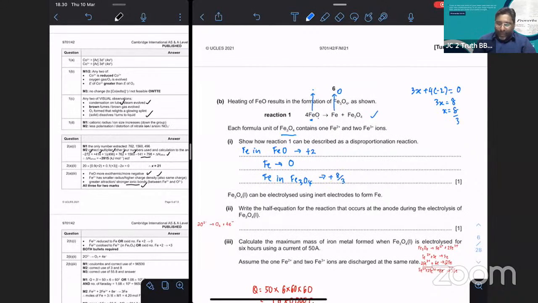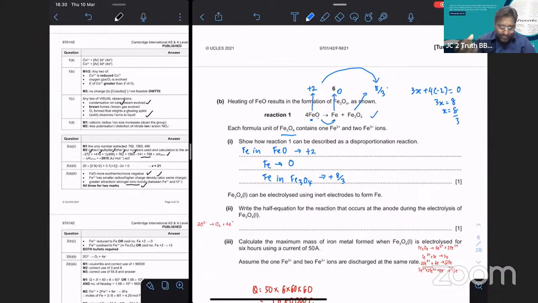Now you can see that the oxidation number from +2 goes to 8/3, which is more than 2, so one is going to be oxidized and another one is going to be reduced, in this case a decrease in oxidation number.